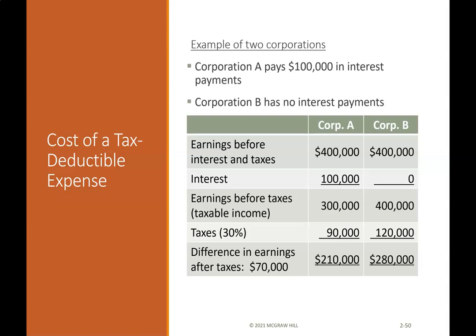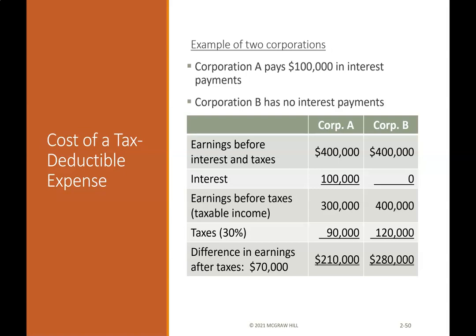Example of two corporations. Corporation A pays $100,000 in interest payments. Corporation B has no interest payments. So our earnings before taxes for Corporation A is $300,000 and Corporation B is $400,000. The tax on Corporation A is 30% and the same with Corporation B. So you get taxes of $90,000, which is $300,000 times 0.3, and $120,000, which is $400,000 times 0.3.